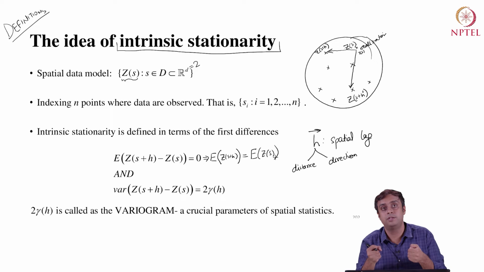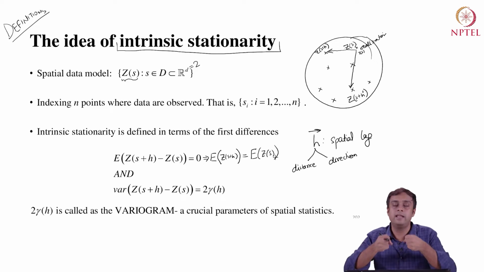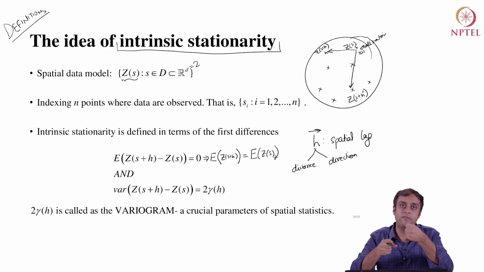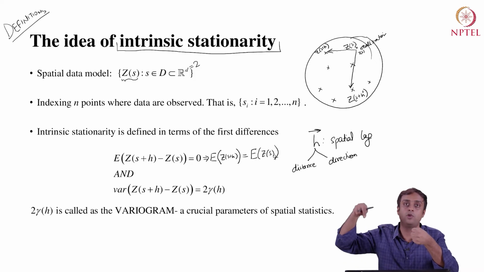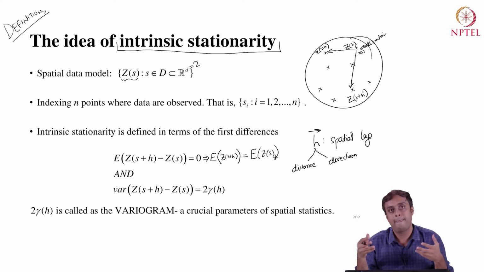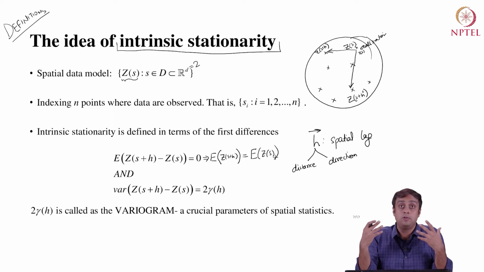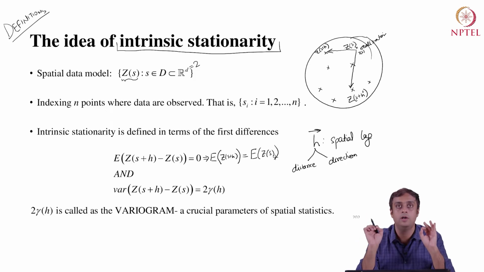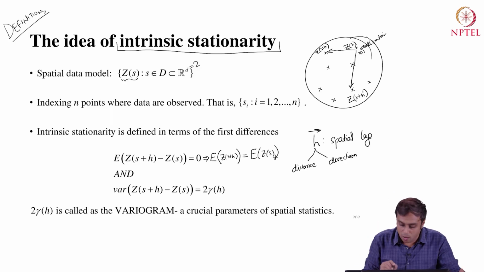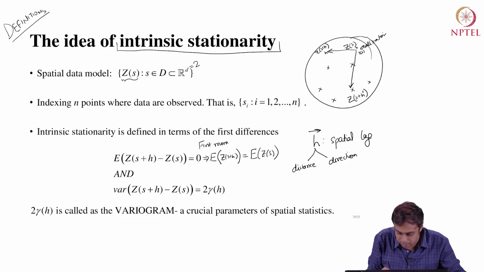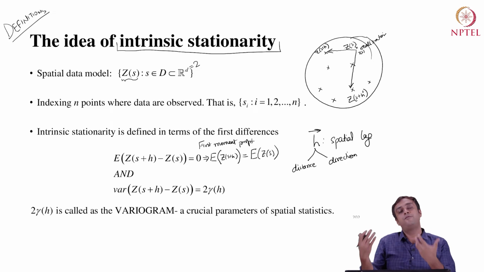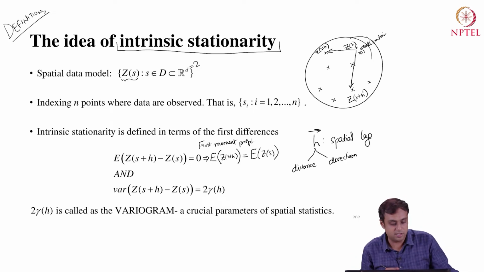So, the first assumption for intrinsic stationarity is that the mean value for Z(s) will be exactly the same no matter which location I am looking at. Whatever the shape of the distribution, wherever the mean lies, it will be exactly the same for all locations. This is obviously the first moment property for intrinsic stationarity.